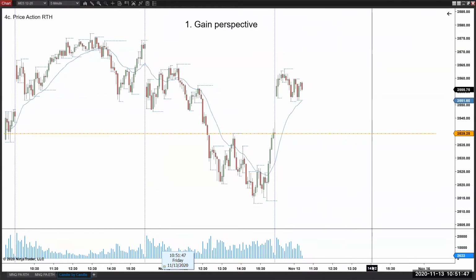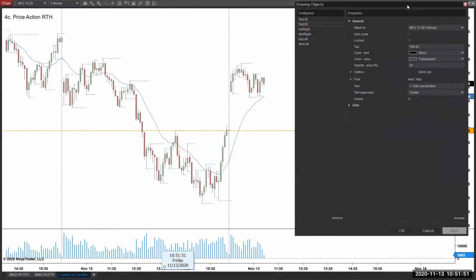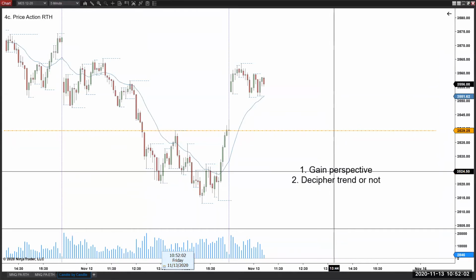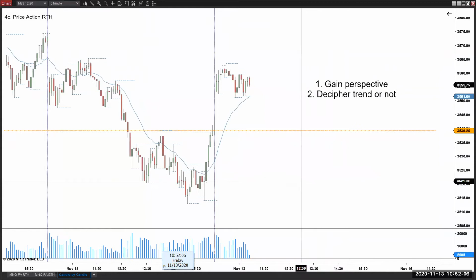Now, going beyond that, a couple other things will definitely help along with gaining perspective. Once we have that perspective, decipher trend or not. Is this market, based on the information we just gained, trending, or is it not trending?